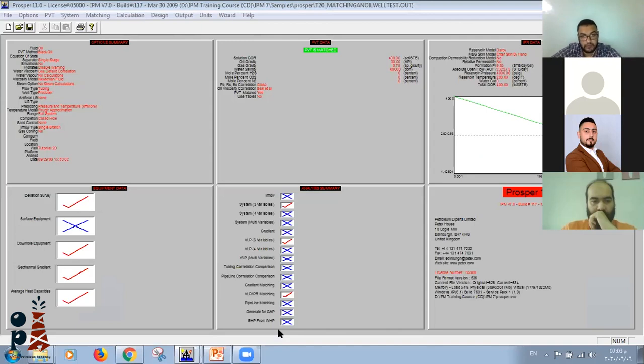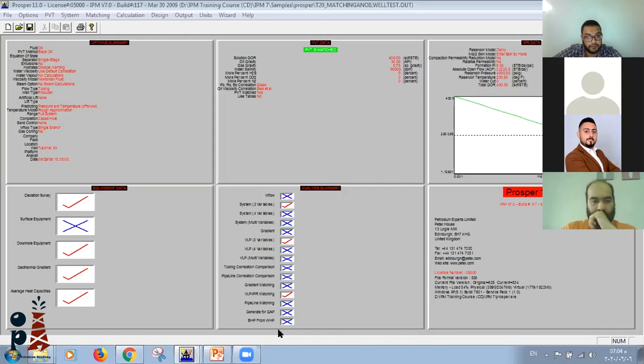So you have your model, with the current water cut, the current gas oil ratio, the current reservoir pressure, everything, and you can do system analysis using nodal analysis. So it's possible.